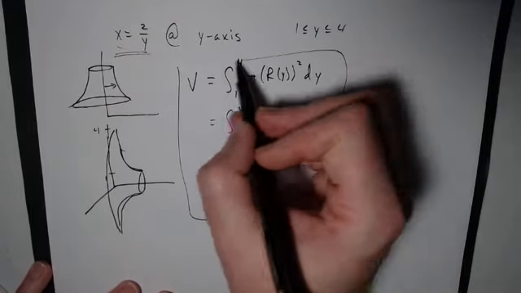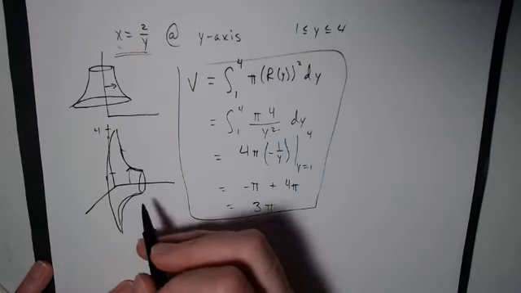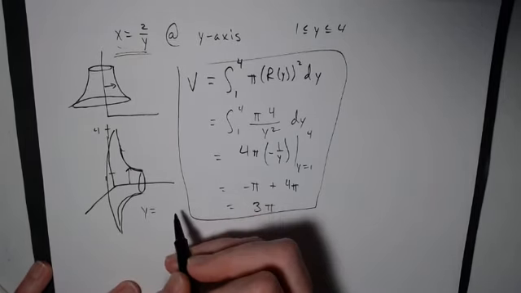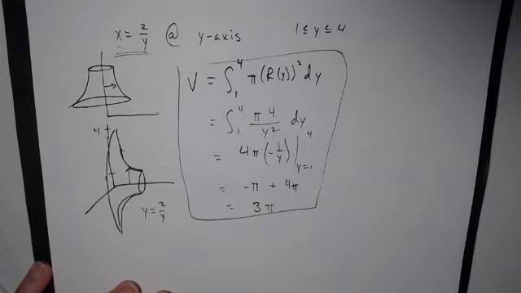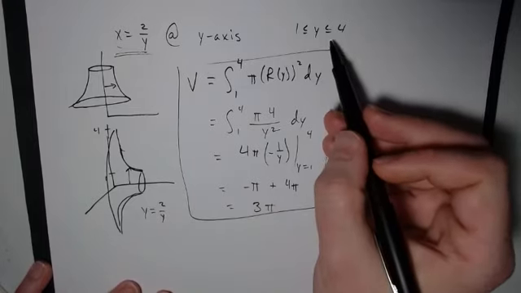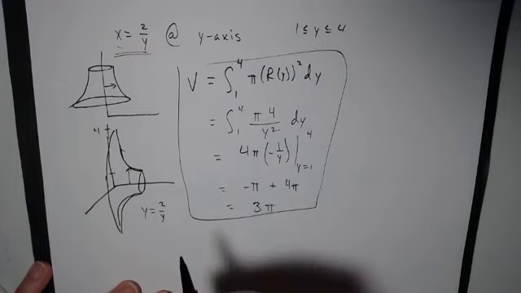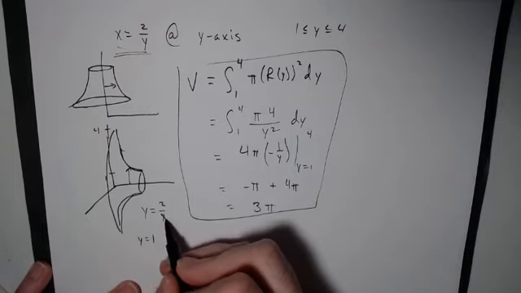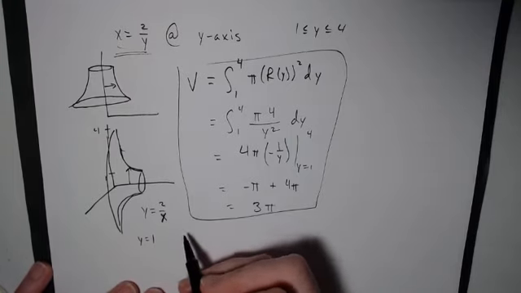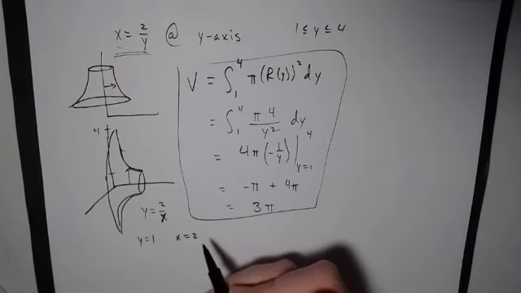But now I need to know this function, my height function, if you will. So I need to solve that for y. So that's y equals 2 over x. But my limits need to change too, because I need to set this one up as an integral for x. And so when y equals 1, x equals 2.